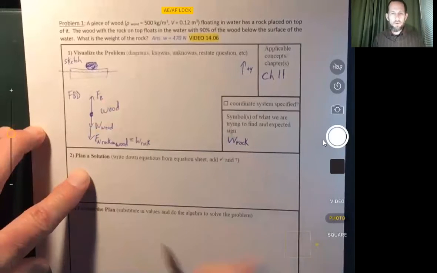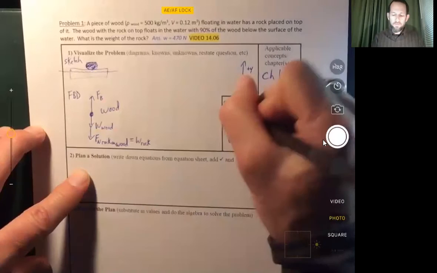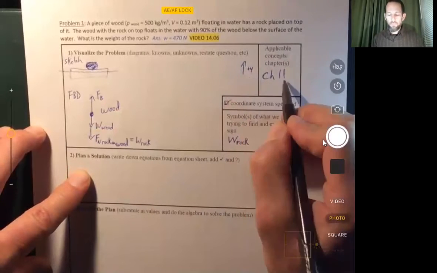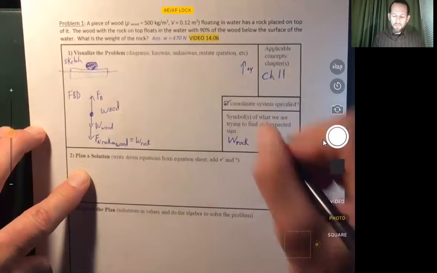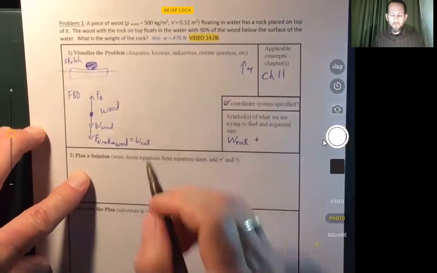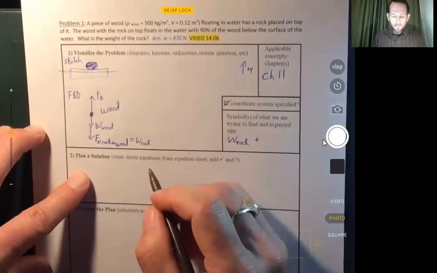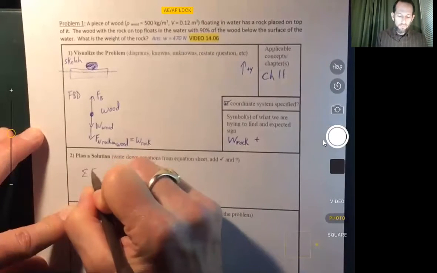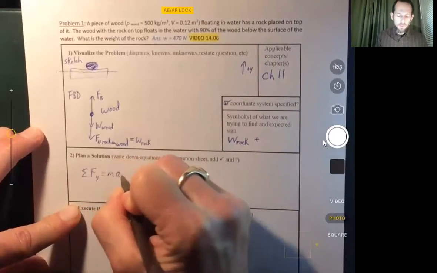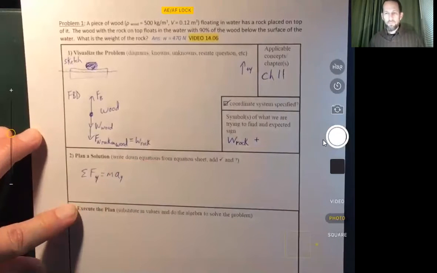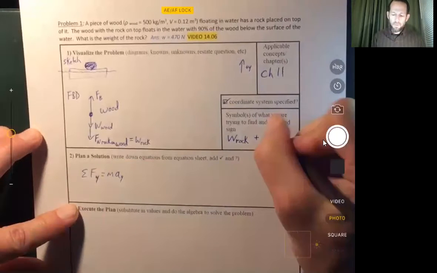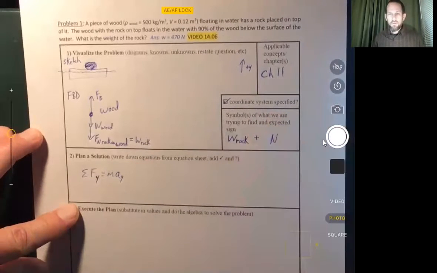All right, so we've got a nice free body diagram there. We have specified a coordinate system, and we're going to be trying to find the weight of the rock. We expect that to come out to be a positive value whenever we're using Newton's second law, and we're going to be using Newton's second law to solve for a force. We're solving for the magnitude of that force, and we expect it to come out to be units of newtons because it is a force.